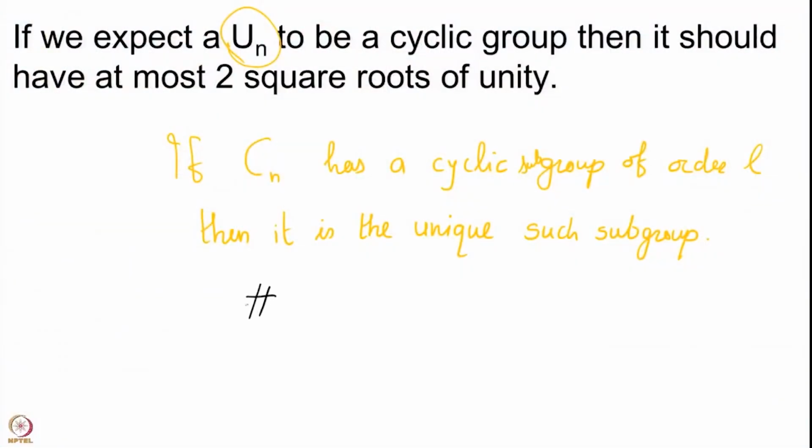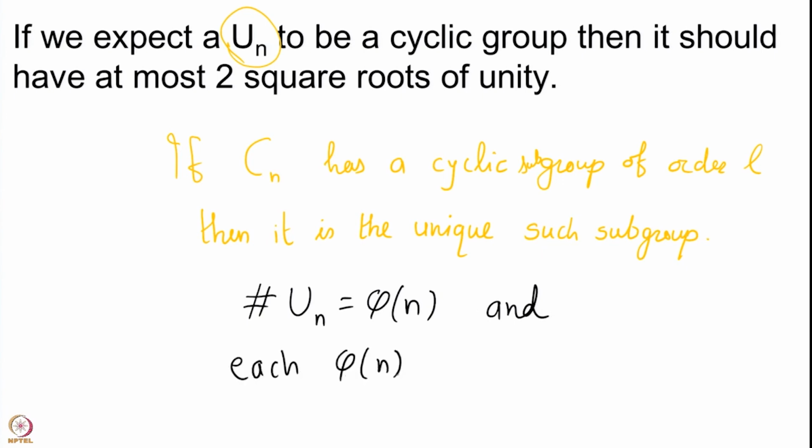First of all, the cardinality of each Un is phi n, and each phi n for n bigger than 2 is even. So, 2 is going to divide the cardinality of Un, and you may ask how many elements are there which have order 2.